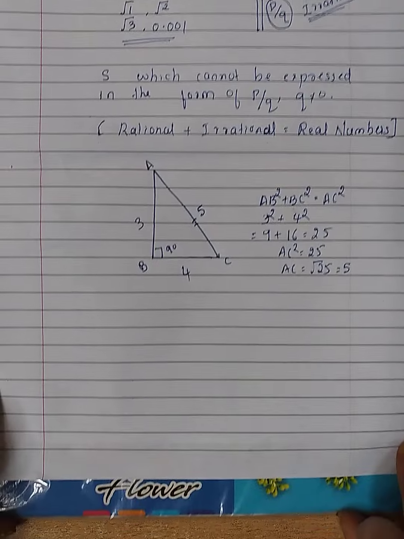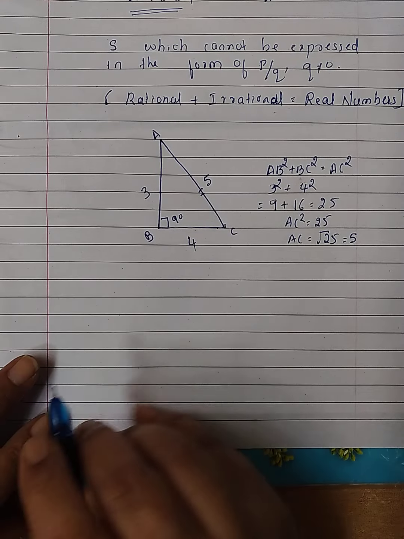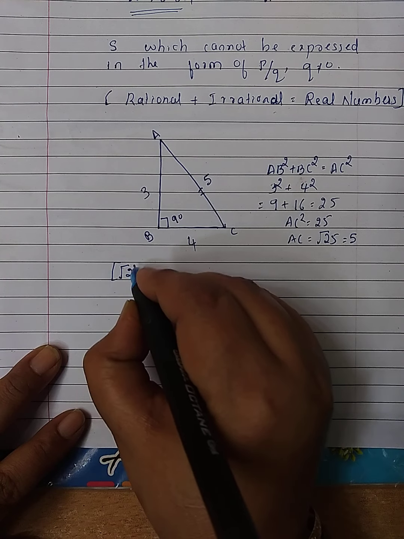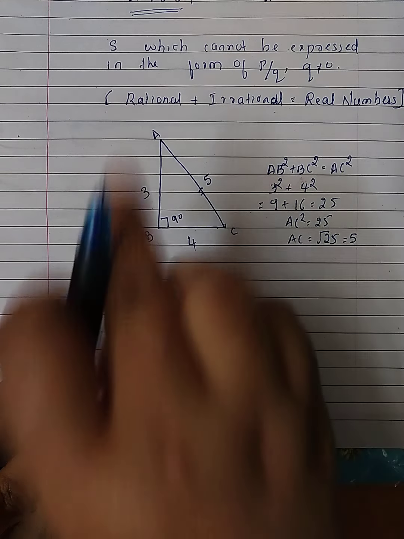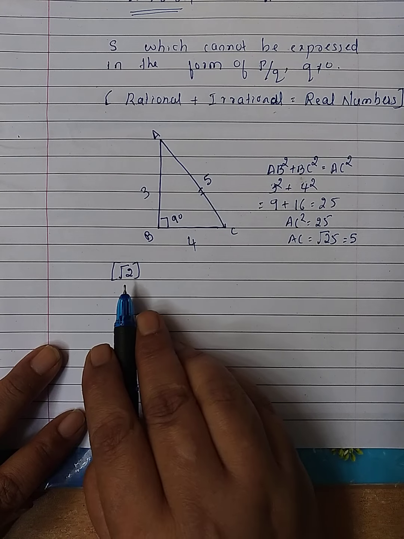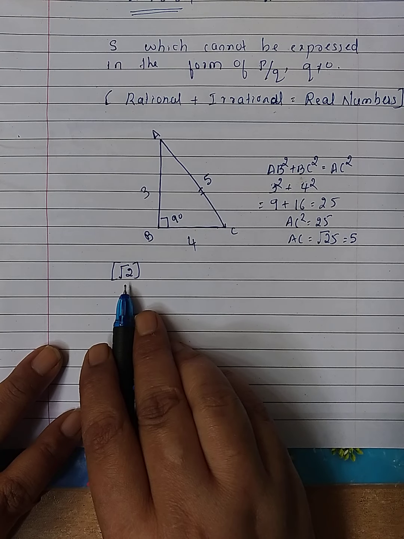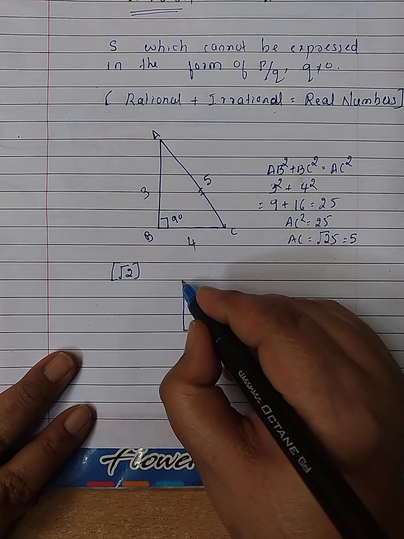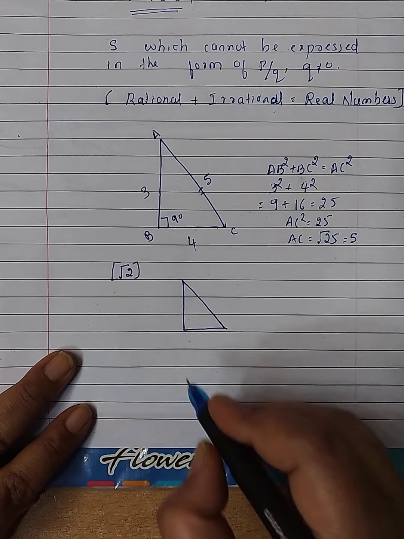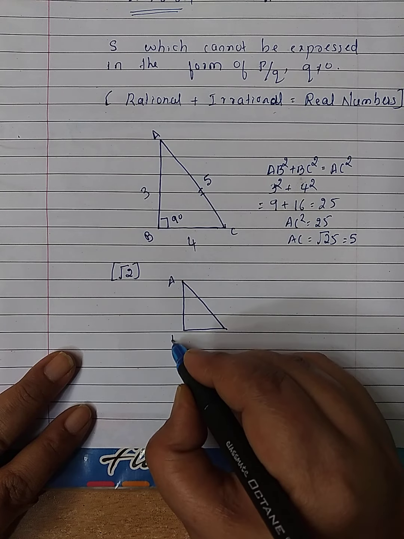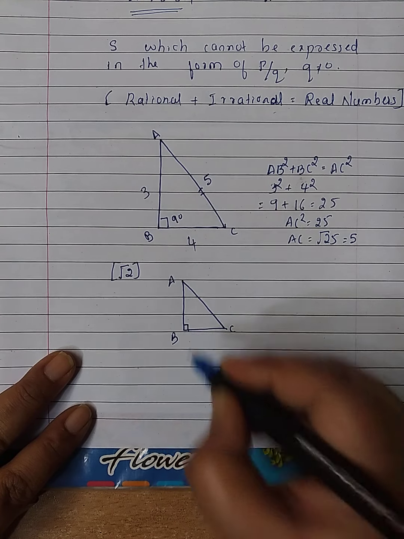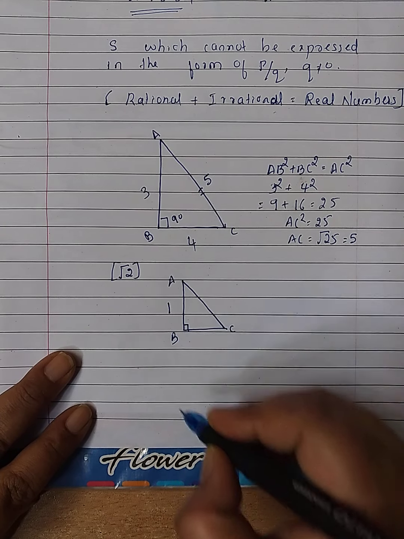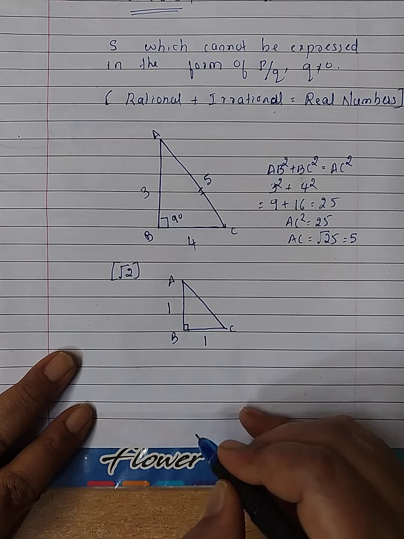How will we use it in locating the irrational number? First let's see root 2. We have to locate root 2 on the number line. Here, in locating root 2, we will again take a right angle triangle. We will take A, B, C, and B is the right angle. We will measure AB as 1 unit and BC as 1 unit.